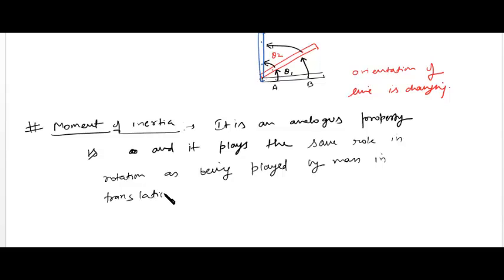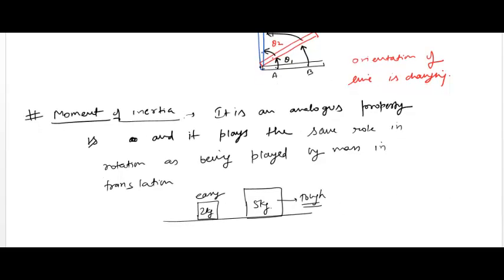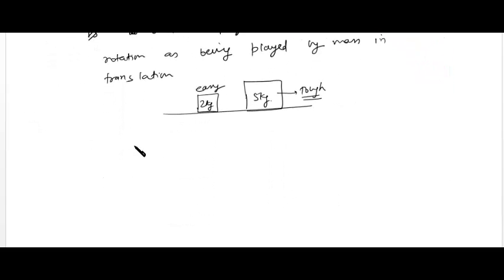If there are two blocks, one of 2 kg and one heavier of 5 kg, then it will be tough to move the 5 kg block and easy to move the 2 kg block. Similarly, in rotational motion, a body with high moment of inertia is hard to rotate.